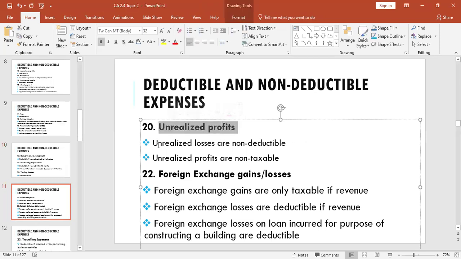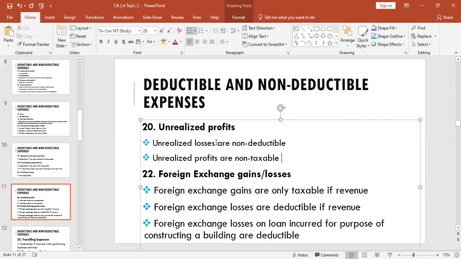An example of an unrealized profit is where we expect to sell an asset in the next 2 months, then we recognize the profit in advance, but that profit hasn't yet been realized, so that unrealized profit is not taxable for tax purposes.